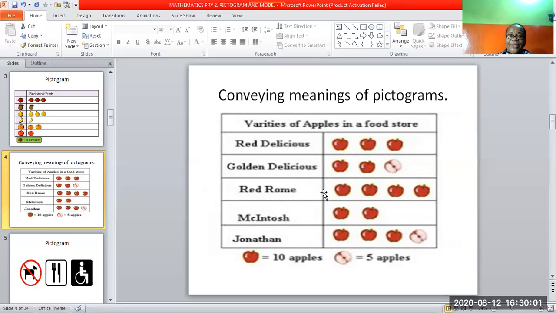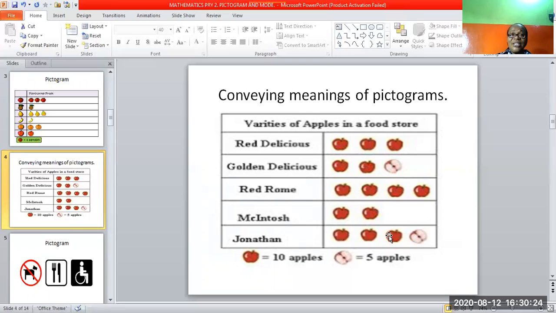Now we know that the red delicious apple sold the most. Then we move on to know that the second bestseller is the Jonathan apple, another favorite of the people.